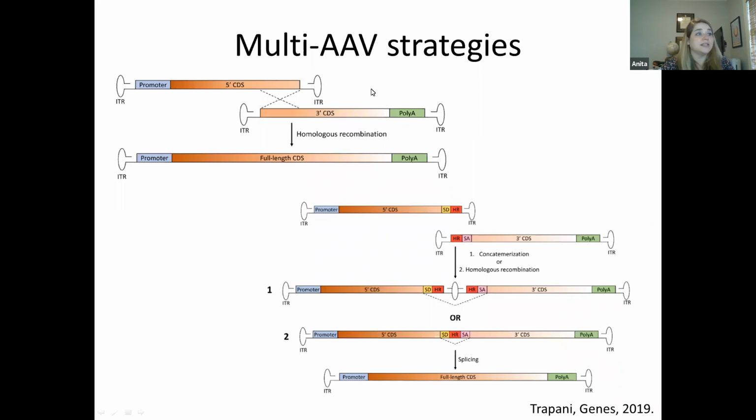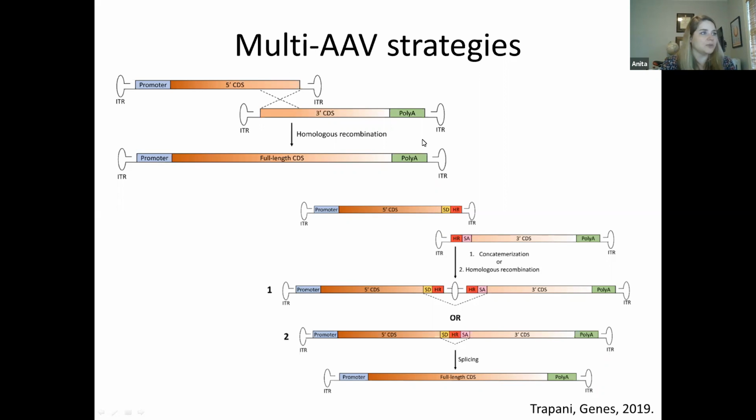Actually, this has been taken advantage of. I didn't know this before I started looking into the concatemer structure, but you can force them, either through homologous recombination or through concatemerization, to associate. We talked about AAVs having limited payload capacity. You can get them to associate by having a homologous area, and then they can become longer sequences once they've infected the cells.